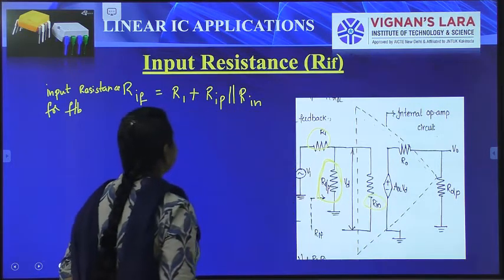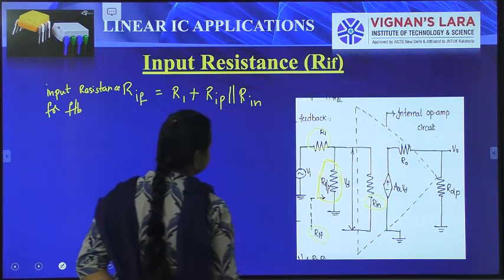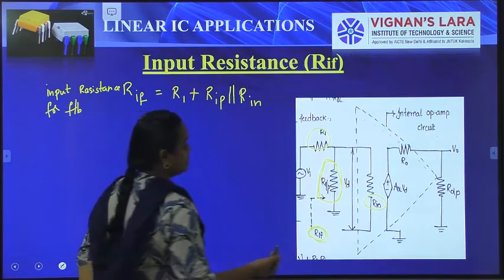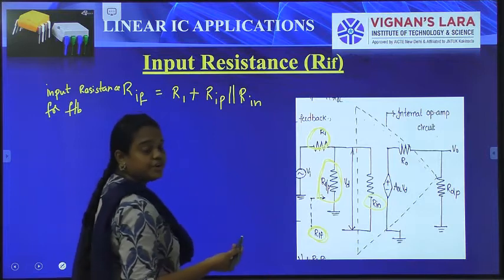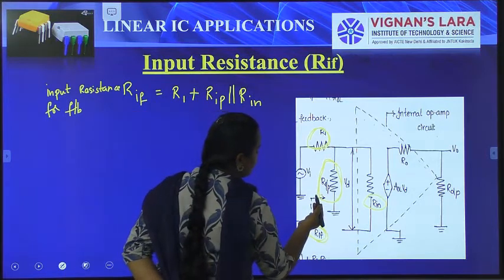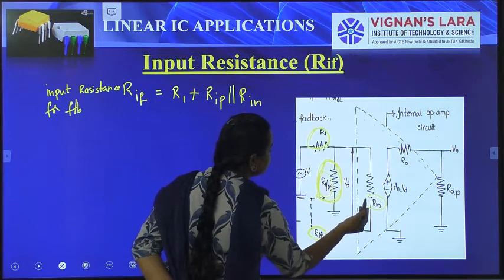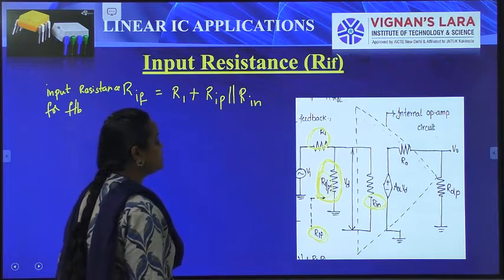So I am writing it like this: the input feedback resistance RIF is equal to R1, the resistor connected across the input terminal, plus R input parallel to the input resistor connected across this input.